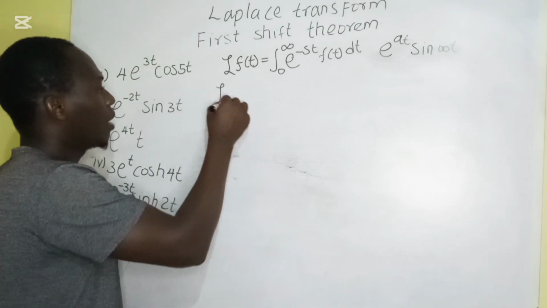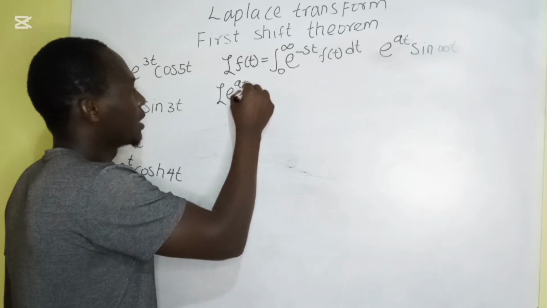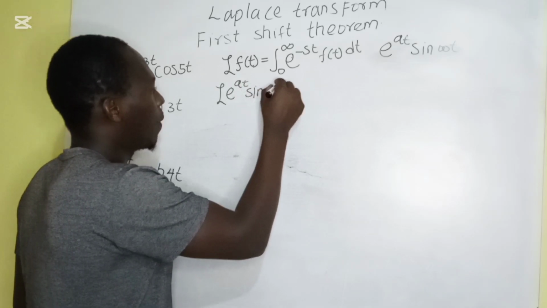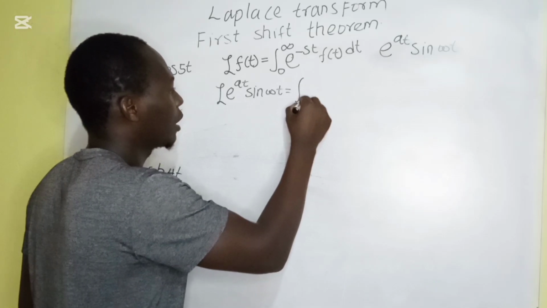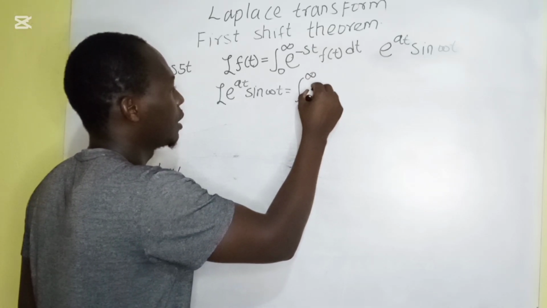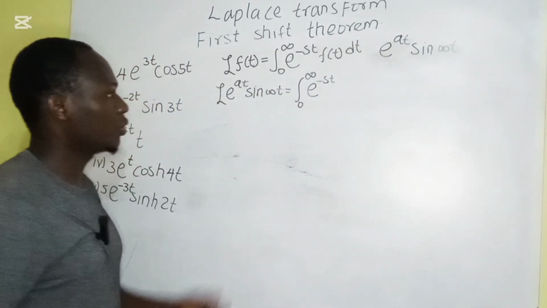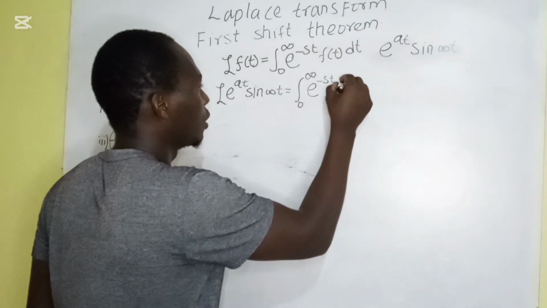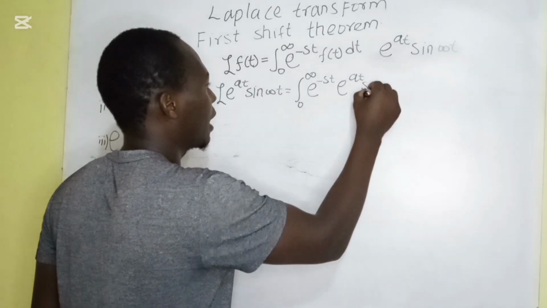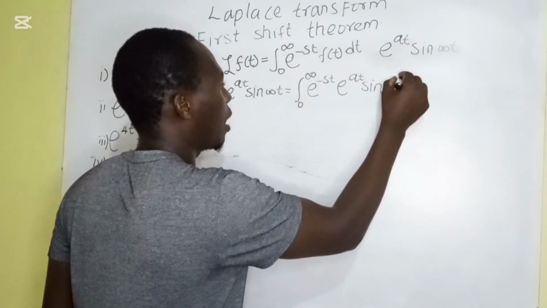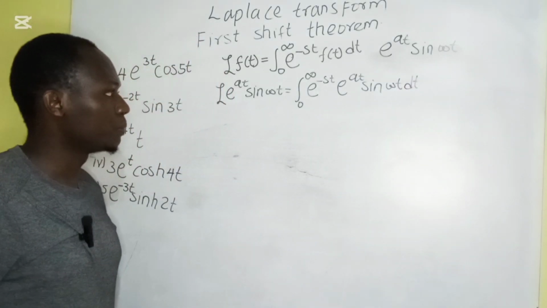That means the Laplace transform of exponential at sine of our angle is equal to the integration, with respect to our limits, of exponential negative st, times exponential at sine of our angle, with respect to dt.